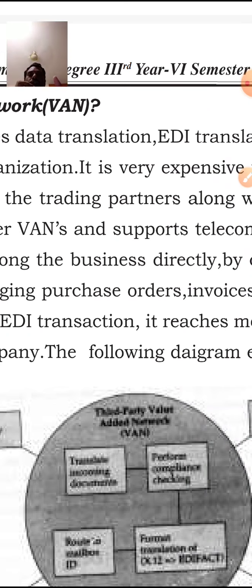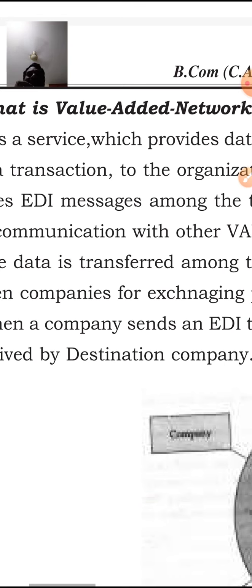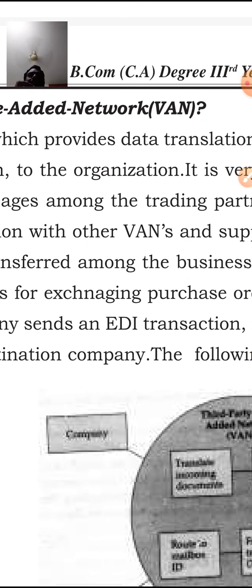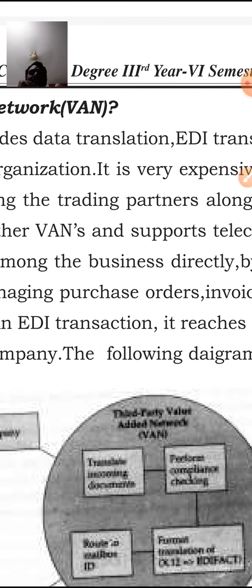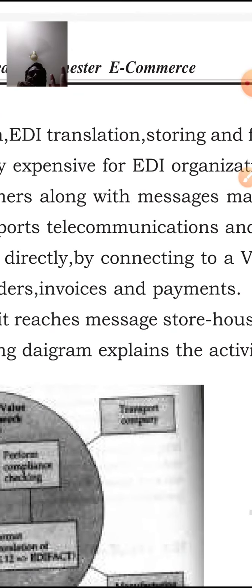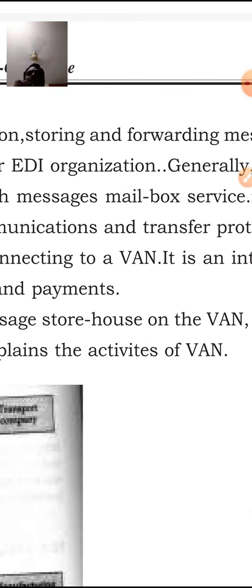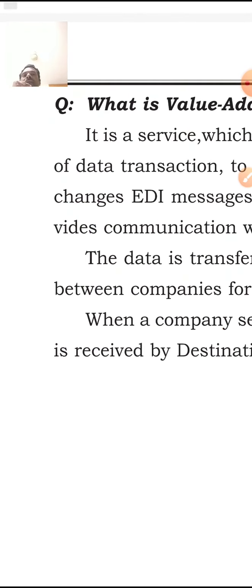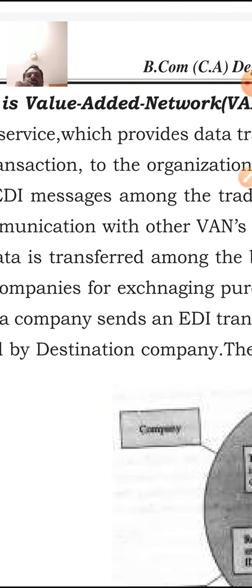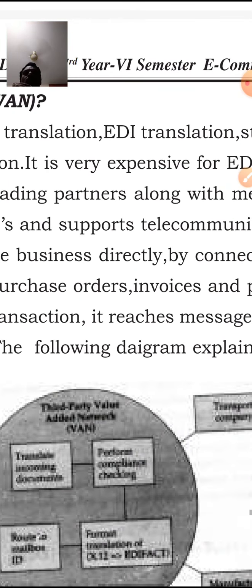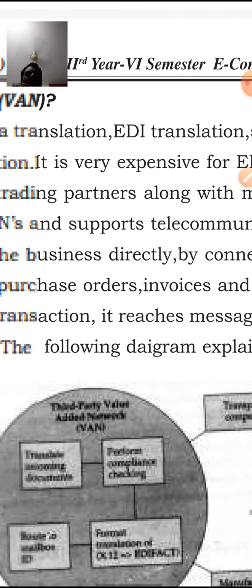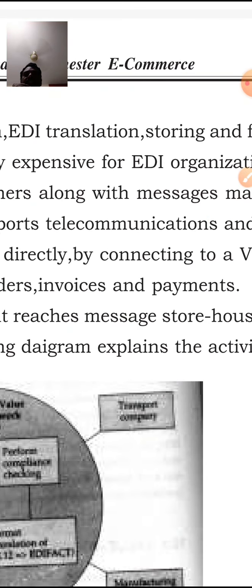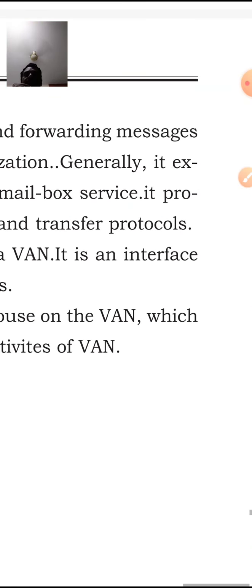The VAN application is used in the e-commerce business, in the online business scenario, for data transfer, data translation, EDI translation, and storing and forwarding messages of data transactions within the organizations. The VAN mechanism or technology is very expensive for an EDI organization.